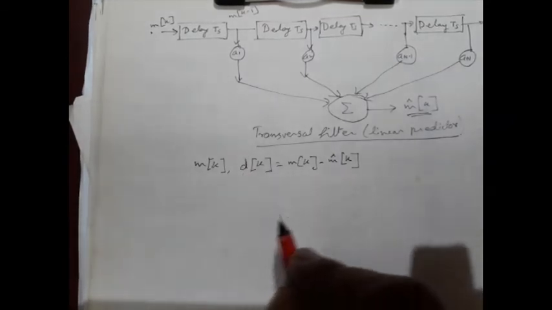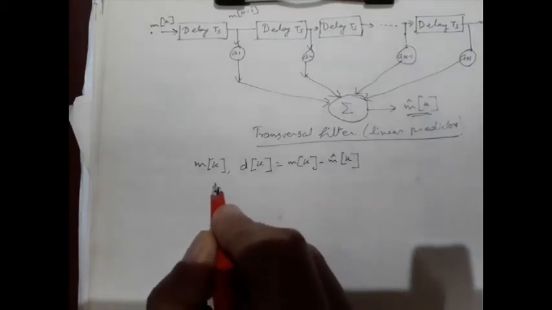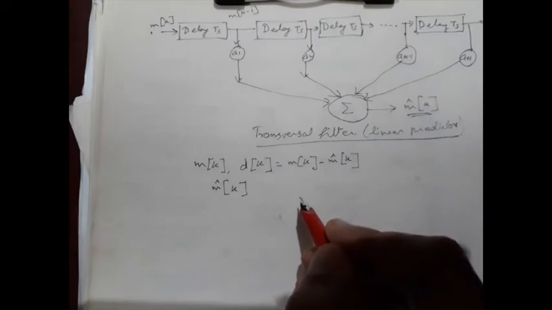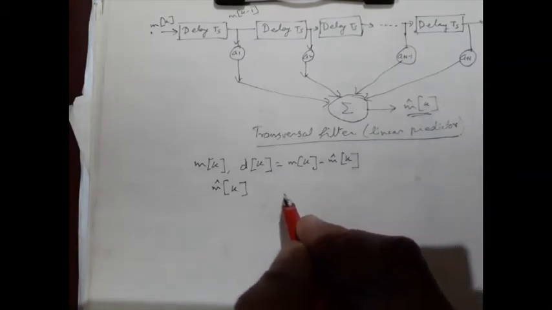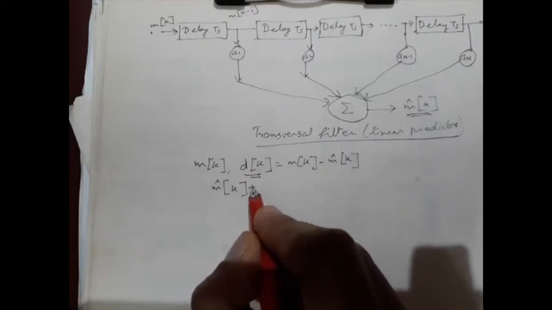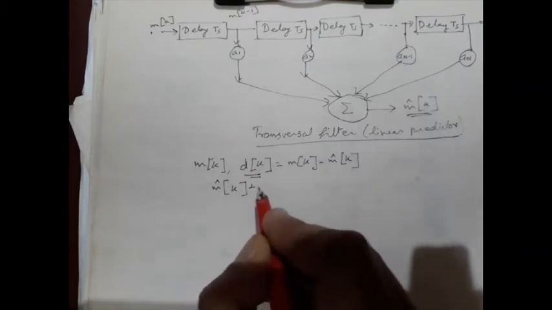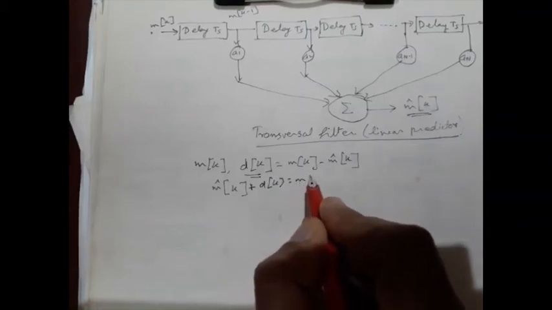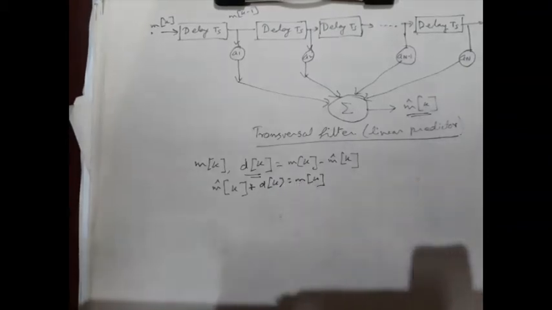Now at the receiver we generate m cap k from the past sample values, to which the received d is added to generate the current sample m[k] at the receiver.